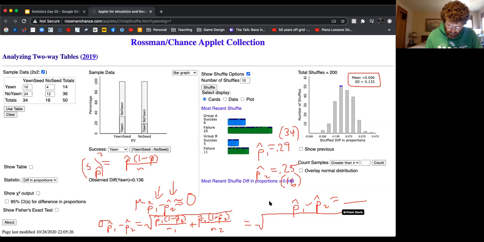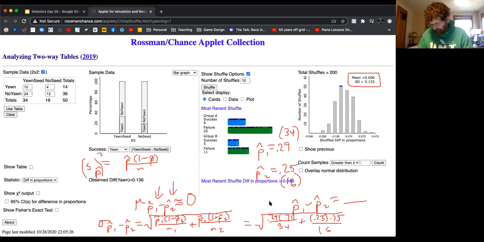I'm going to do 0.29 times 0.71 divided by 34, plus 0.25 times 0.75 divided by 16, and then take the square root of all of that.